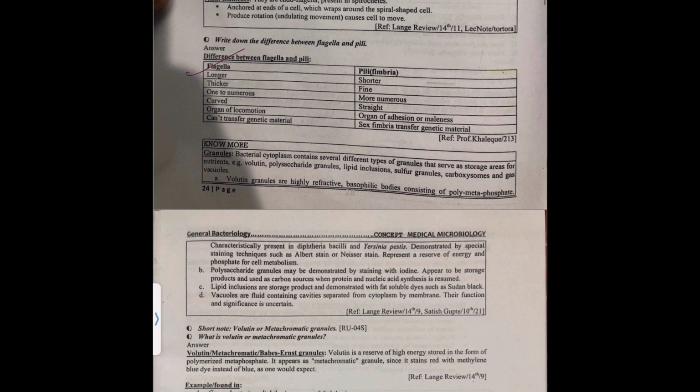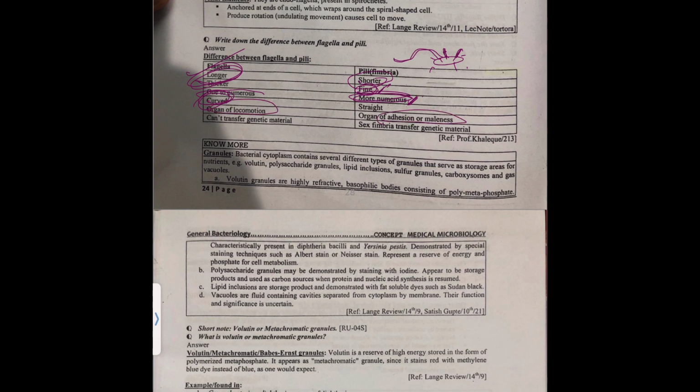Now, pili and flagella. Flagella is longer, pili is shorter. Pili is hair-like, right? It is fine, more numerous. Flagella is one or two, or numerous, right? But pili are always numerous, and they are fine. They are always straight. Look, it's straight. But when I have to draw flagella, I'll draw like this. So flagella is curved. Flagella is the organ of locomotion.